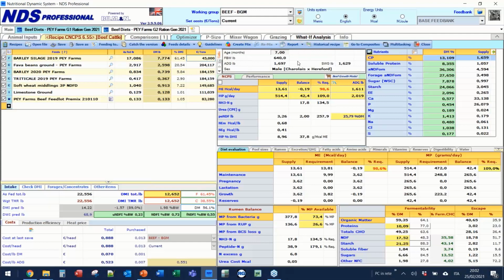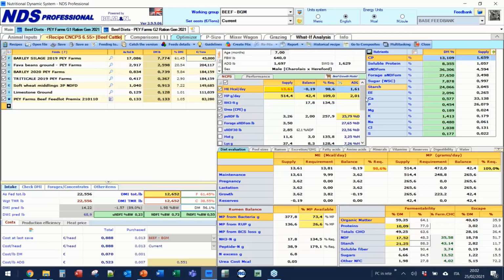Always the section where we can have a summary of the animal inputs, and some of these values are changeable, and then the outcomes in the CNCPS summary sections.